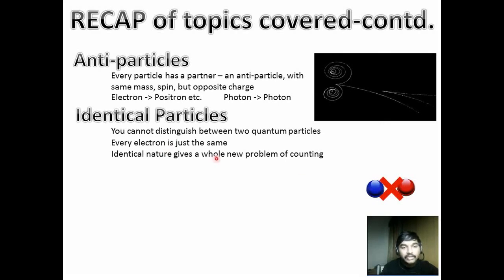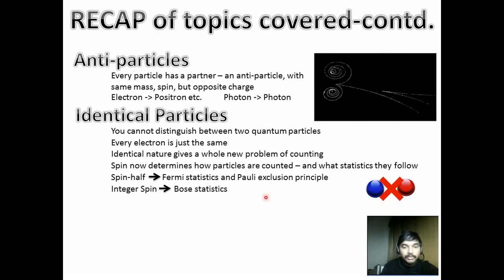This identical nature gives a whole new problem of counting, because these two don't form two different configurations. For example, if they were really red and blue here, you could switch the positions and you would get a new configuration, but here you don't, because they're just the same, right?